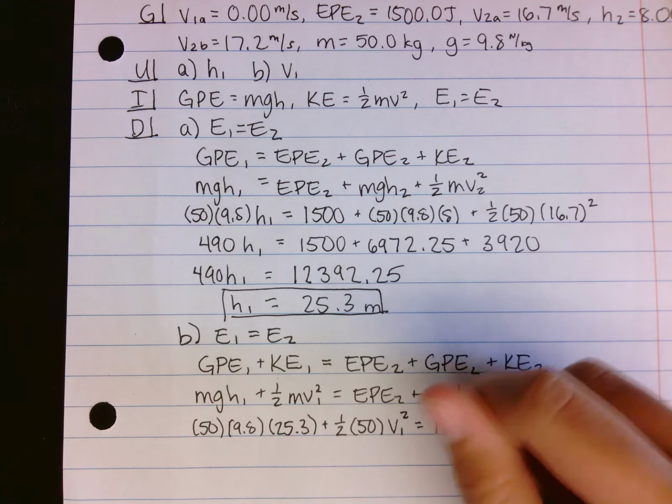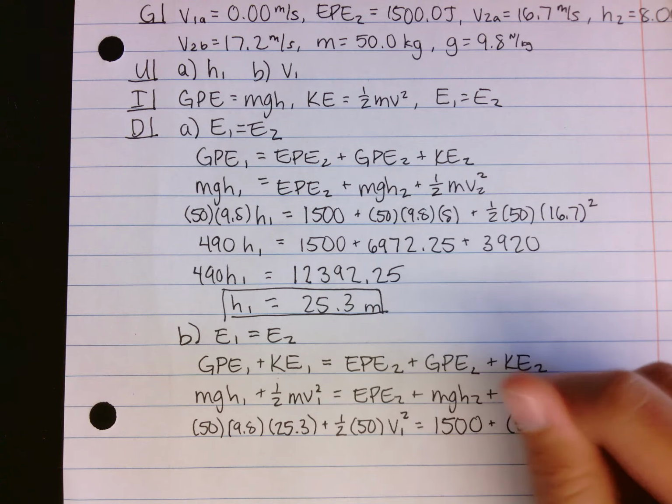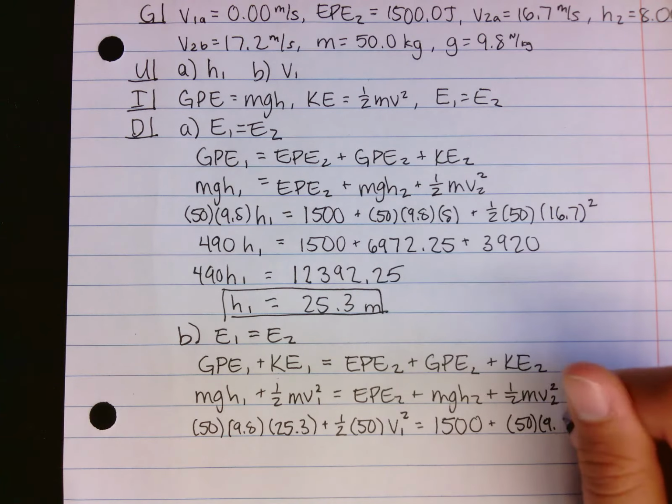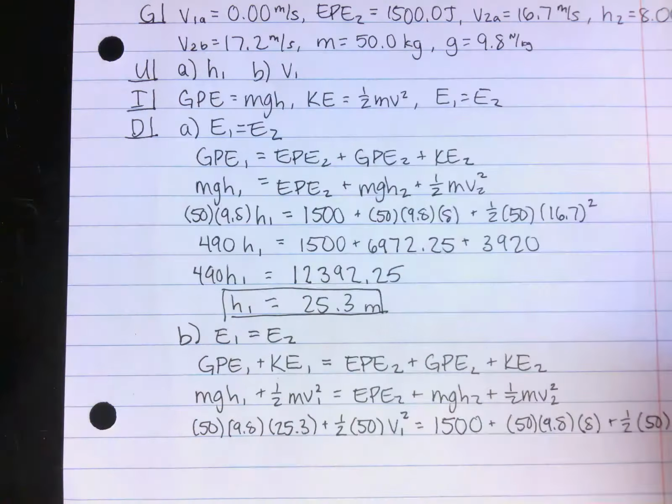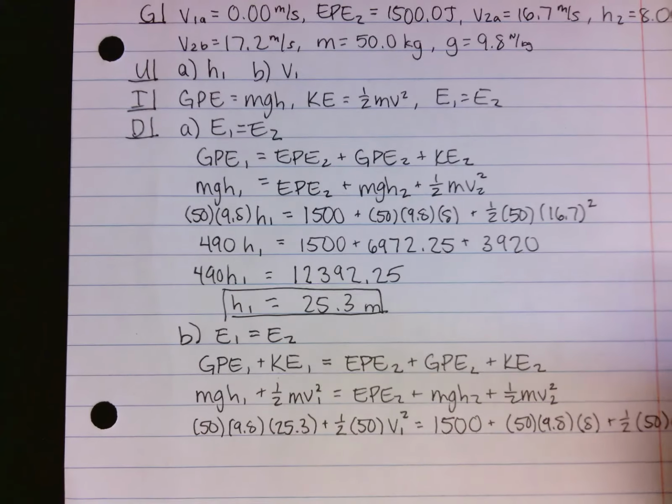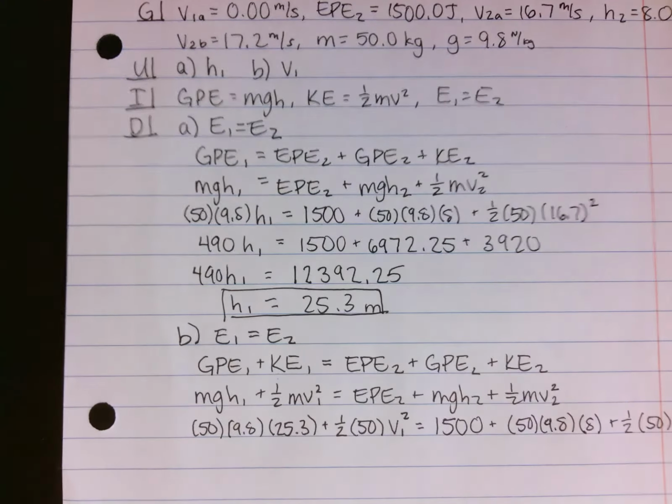And then we know EPE2, and then 50, 9.8 times 8 plus 1/2 50, and now V2 is 17.5, so we have to plug that new value in, squared.